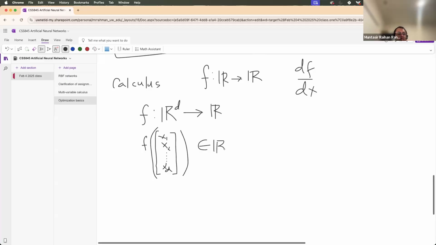In this case, what is the differential object? The object is known as the gradient. It is computed by taking the partial derivative of the function with respect to every input parameter.